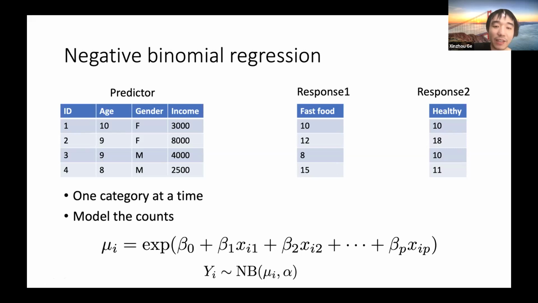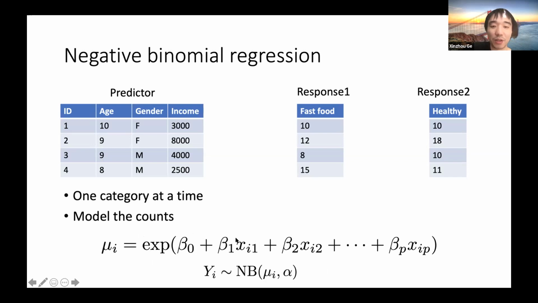For the negative binomial distribution, its variance is larger than its mean, and the dispersion describes the relationship between the variance and the mean. So this is the distribution of the counts, and we model the mean of the counts as this. We can see that it is an exponential of a linear combination of the covariates.